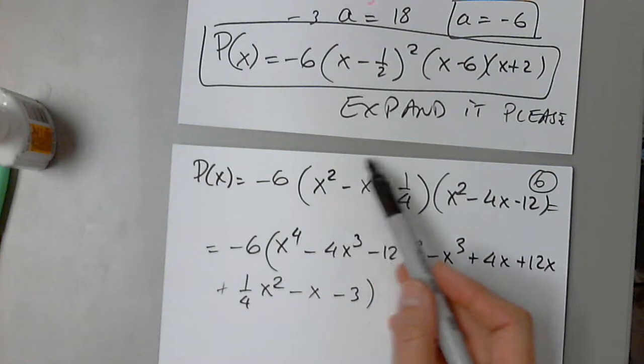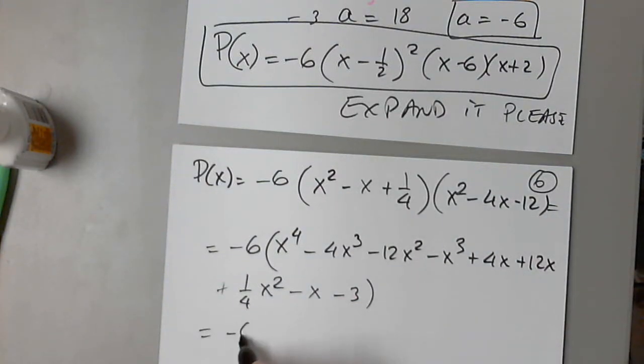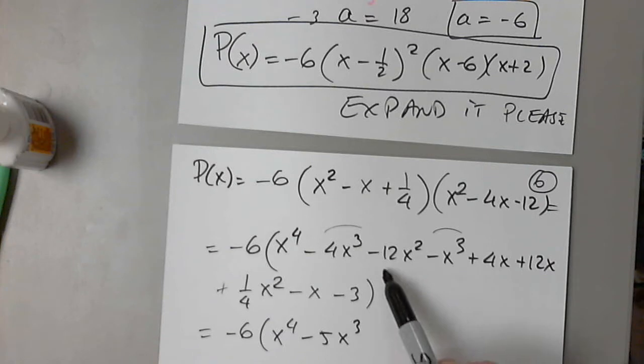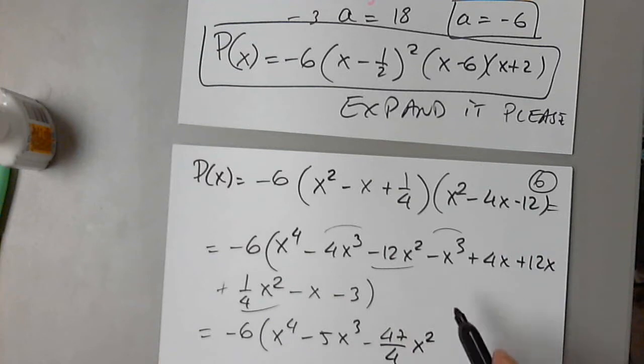I distributed simply x squared to 3 terms and negative x to 3 terms, and negative 6 x to the fourth. These two are together, negative 5x cubed. These are together, so negative 48 plus 1, negative 47 divided by 4x squared. Then this is 16 minus 1 and minus 3.